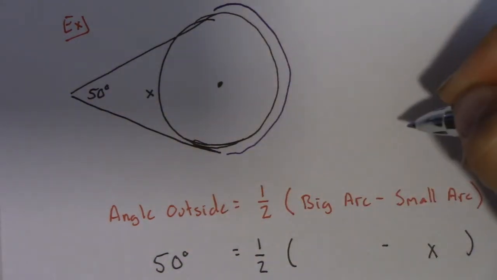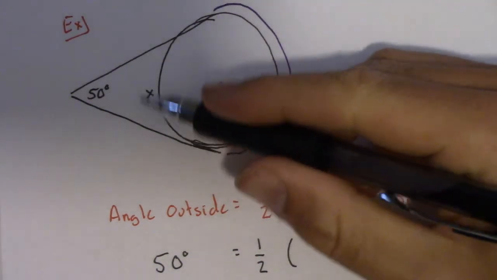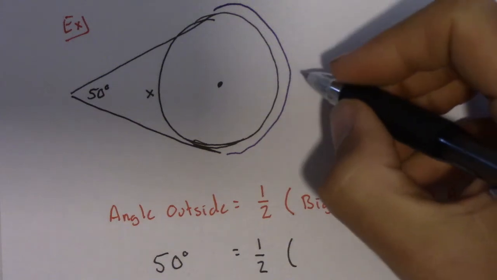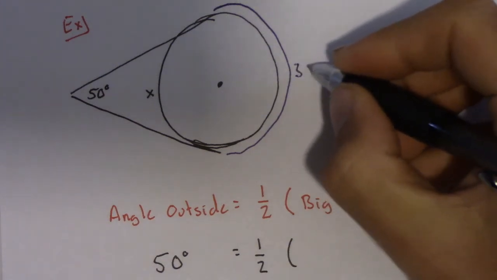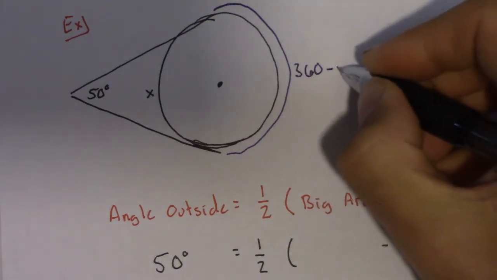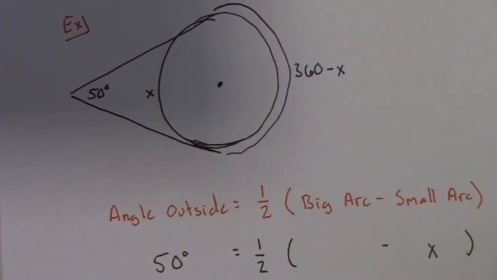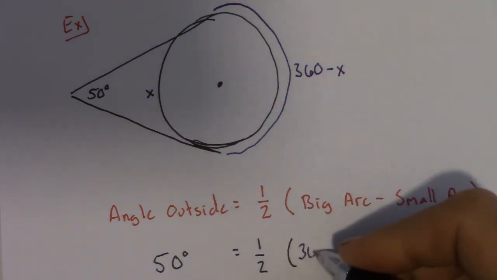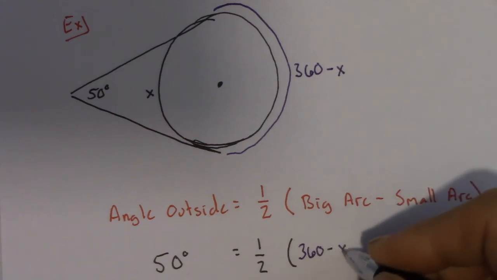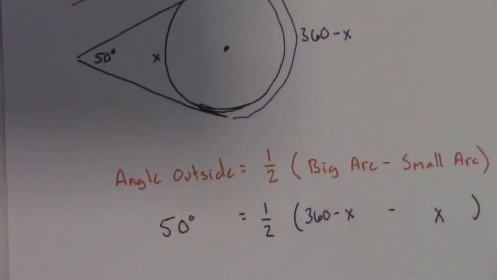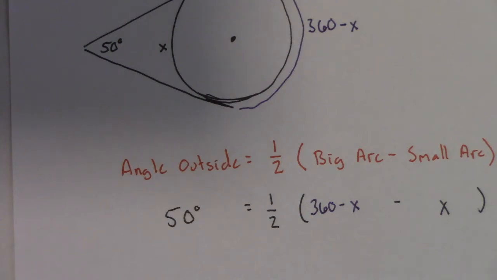Well, if the whole circle is 360, and I've already accounted for x of that, it must be that this remaining piece is 360 minus x. So that means I can come down here and claim that my big arc is 360 minus x. Okay? So we're able to set that all up without needing that additional variable.